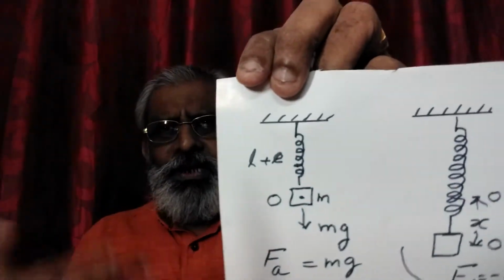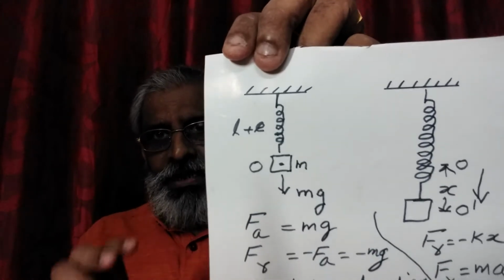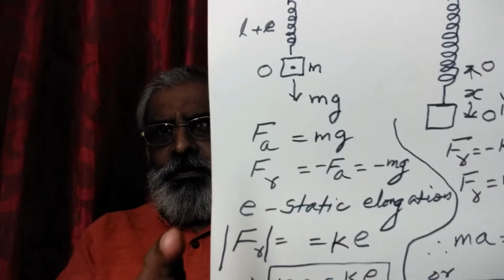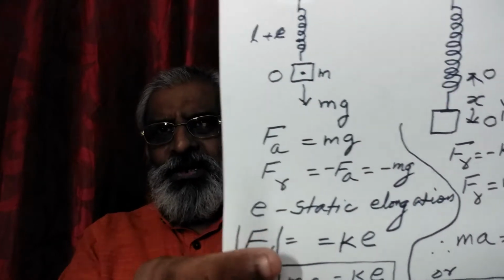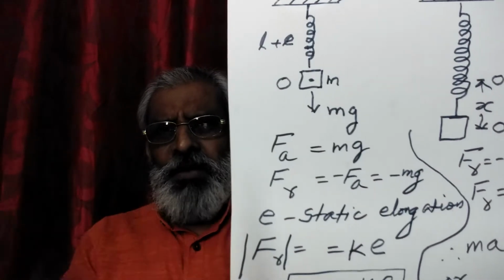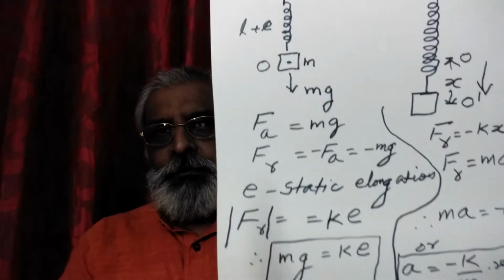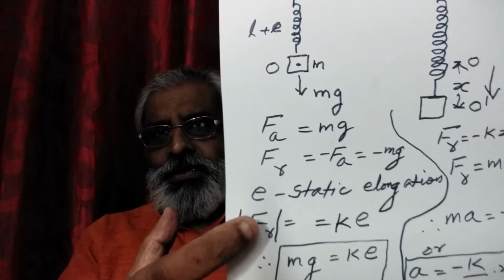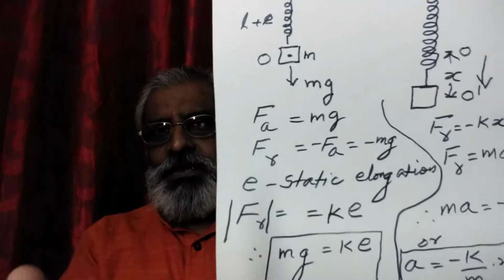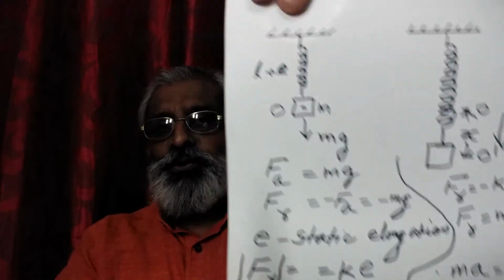If you neglect the negative sign, since we require only the magnitude, the modulus of Fr equals K into e. Fr is equal to Fa, which is equal to mg. That means mg equals K into e. From this equation, you can find out K, the stiffness of that piece of spring.